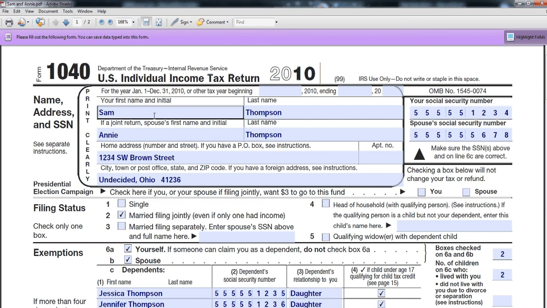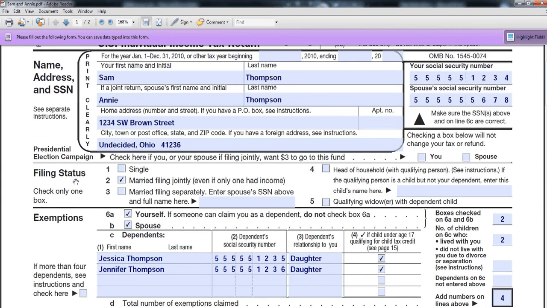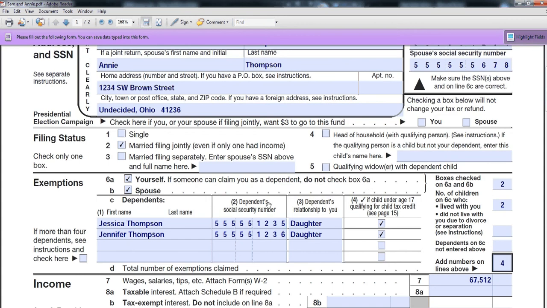And then the wife, and their address, social security number. And then the filing status, it says to check one, only one. And so they're going to check married filing jointly, because that's what they are. And then they're going to check both of themselves because no one else can claim them. And you're going to put 2 in this box because both of them.